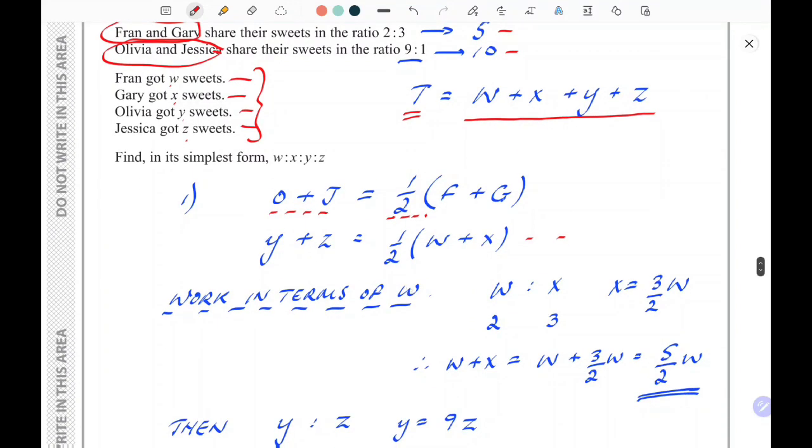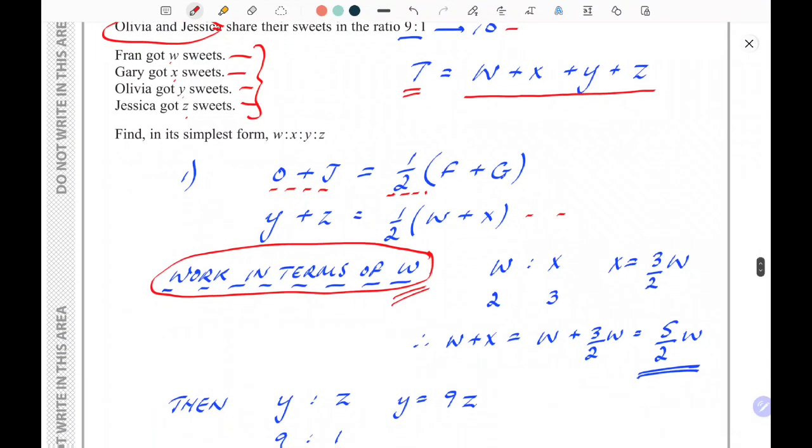And what I've chosen to do, because Fran is first on their list, just randomly, is work in terms of W. I want to get everything in terms of W, i.e. Fran's suites. So starting first of all, we know that W plus X, in other words Fran and Gary's suites, whatever their total is, is split in a 2-to-3 ratio, as you can see here.